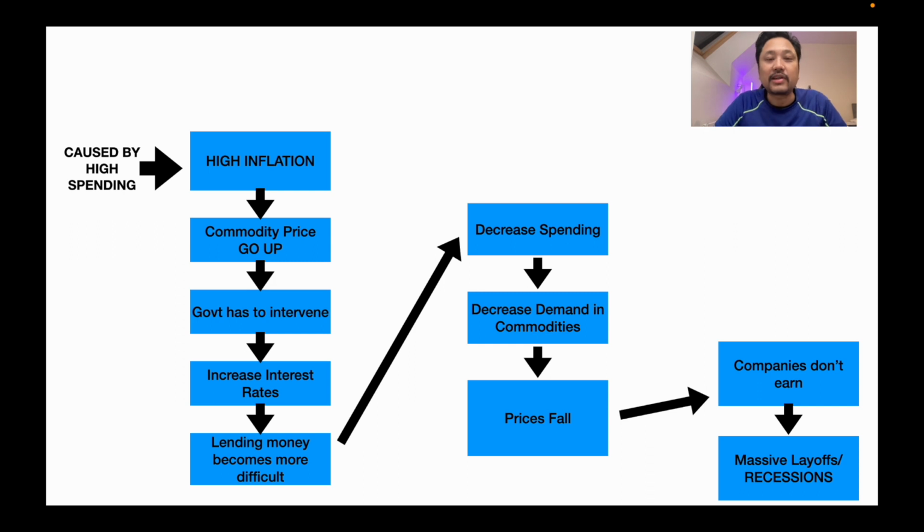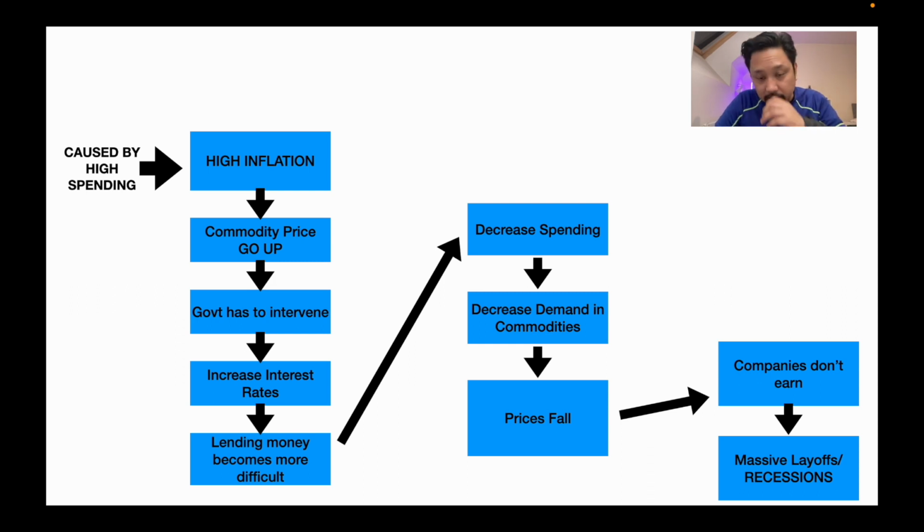Actually, the main point of increasing the interest rates is to decrease the prices of commodities, but these are the effects, sadly. If companies don't earn, and if everything is not really controlled, there will be a recession in the long term.